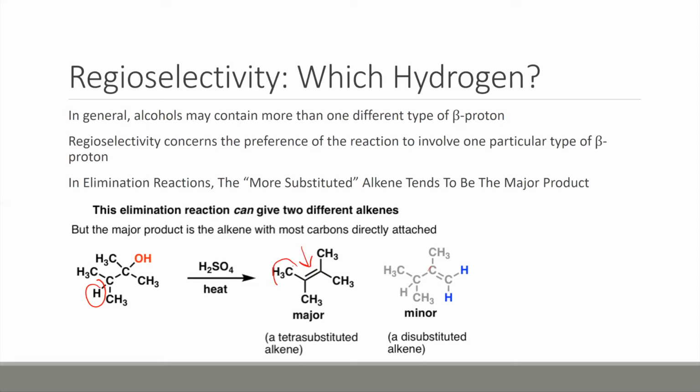See, it has a methyl, a methyl, a methyl, and another methyl branched off of the double bond, as opposed to the minor product where we have a methyl group. We do have this large group here, but on the other side, there's just a hydrogen and a hydrogen. So this tetrasubstituted alkene is the more substituted alkene, and thus will be the major product.